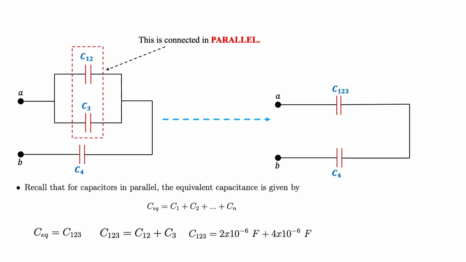Substituting the values, that's 2 microfarad plus 4 microfarad, and you get that C123 is just 6 microfarad.